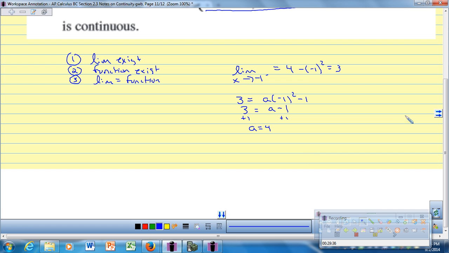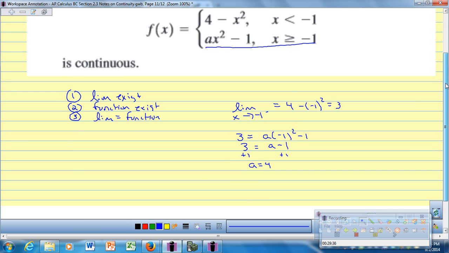All right, if that is the case, let's double check. The limit exists. The limit from the left was 3, and now the limit from the right, if I have 4x squared minus 1, when I put in negative 1, that 4 minus 1 is 3. So the limit exists and is equal to 3. The function value is going to be the value at x equals negative 1.